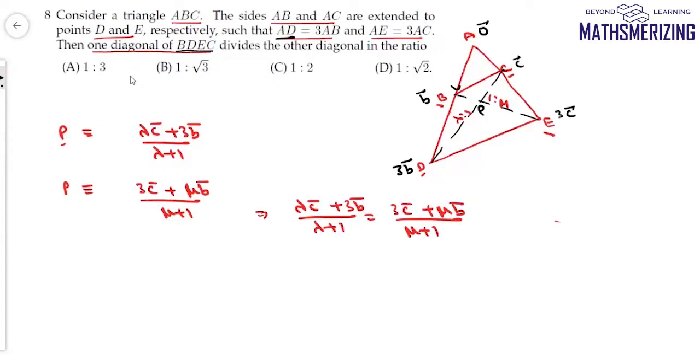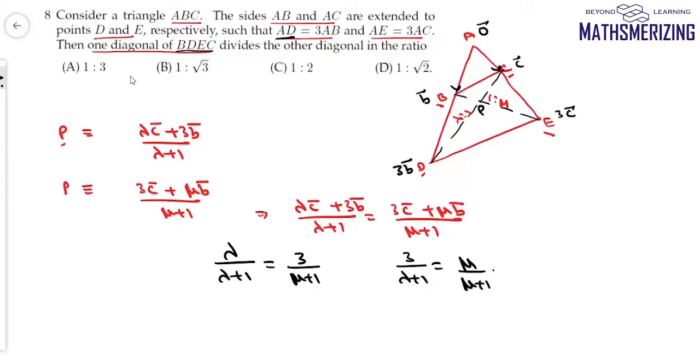Now these two vectors, B and C, they are non-collinear. So if the vectors are non-collinear, then their coefficients must be same. So if I compare coefficients of C, I'll write lambda upon lambda plus 1 is equal to 3 upon mu plus 1. And if I compare coefficients of B, I'll write 3 upon lambda plus 1 is equal to mu upon mu plus 1.